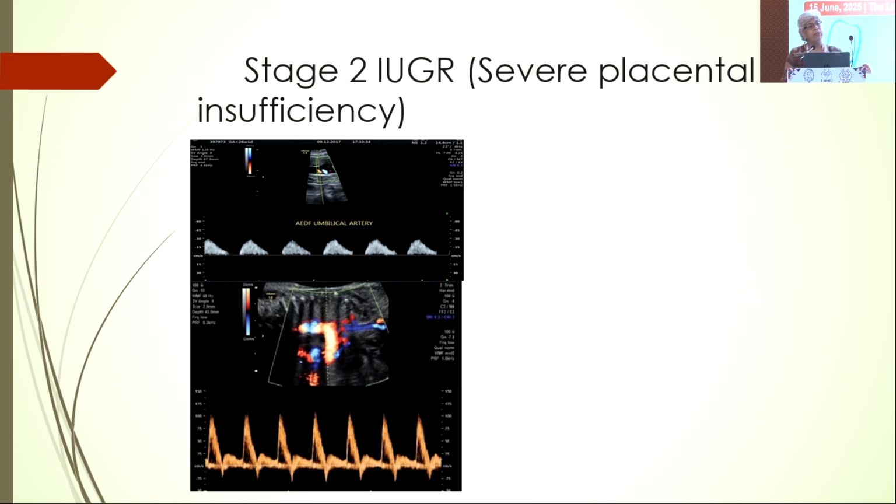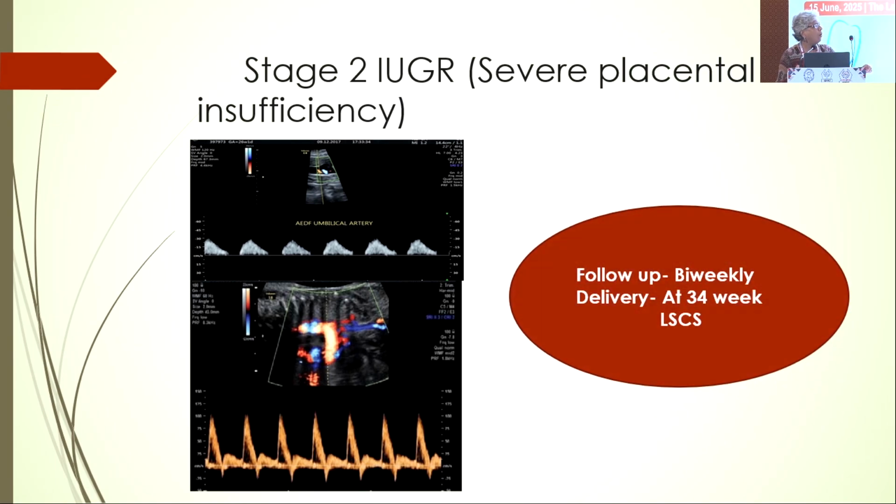So now what should I do? We have to increase our follow up. We will increase the follow up to bi-weekly, and we can plan the delivery. If it remains in this same stage, we can plan for delivery at 34 weeks, and the mode of delivery will be cesarean. We cannot allow induction of labor.